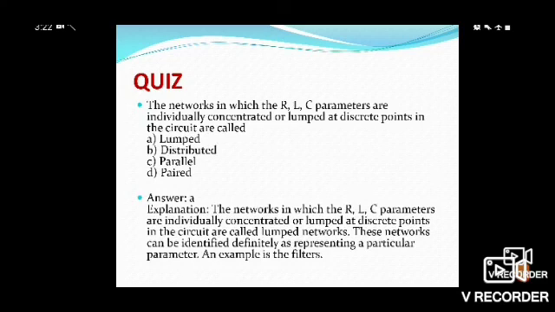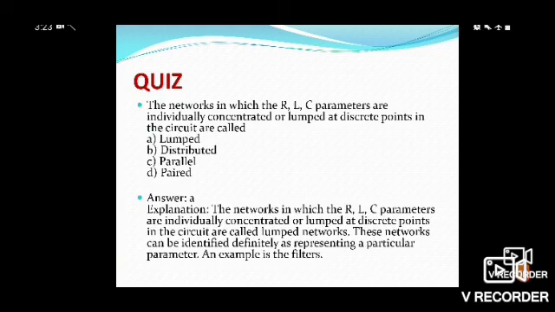Whenever in our networks the RLC parameters are individually concentrated or lumped at discrete points in the circuit, they are going to be called lumped networks. These networks can be identified definitely as representing a particular parameter. An example is filters.